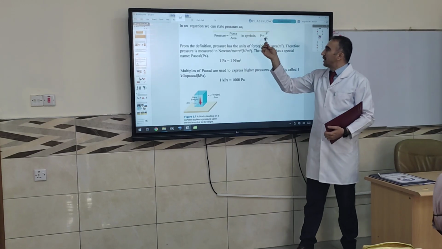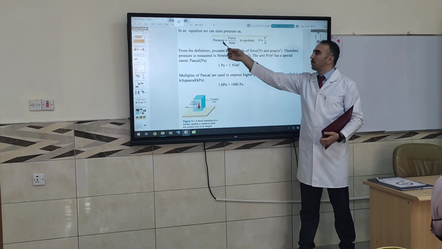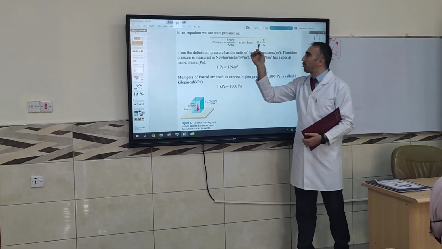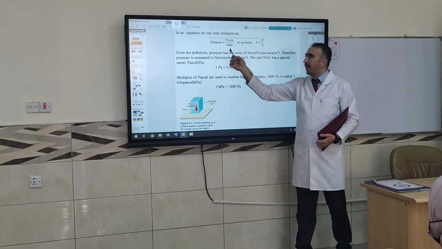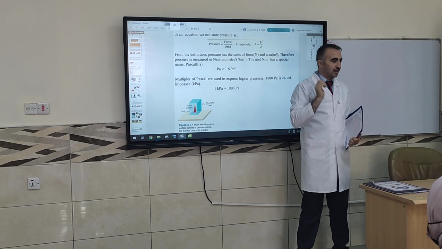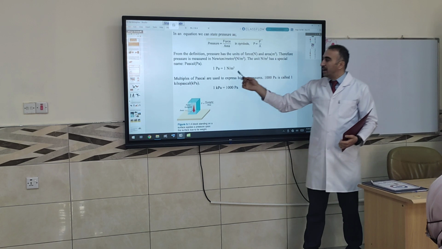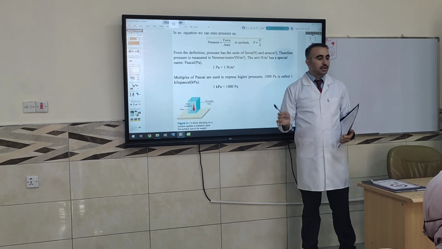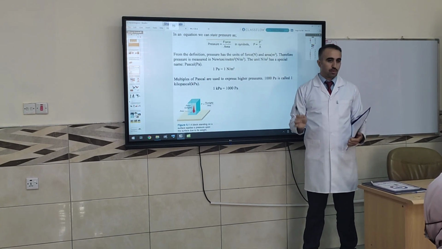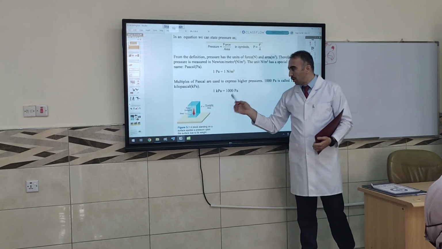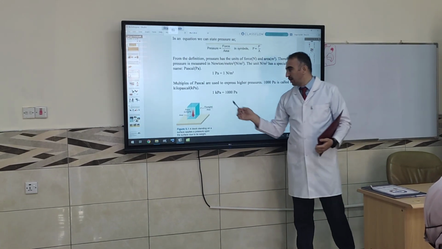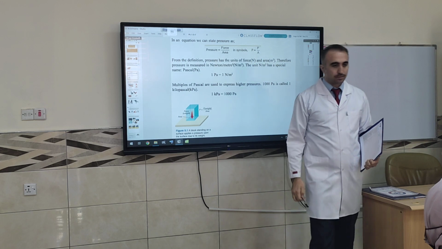In symbols, pressure P, first letters, pressure P, force F, and area A. Right? Okay. 1 Pascal equals 1 Newton per meter square, and also 1000 Pascal equals 1 kilopascal.